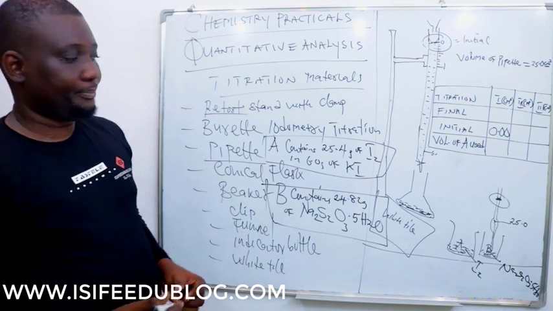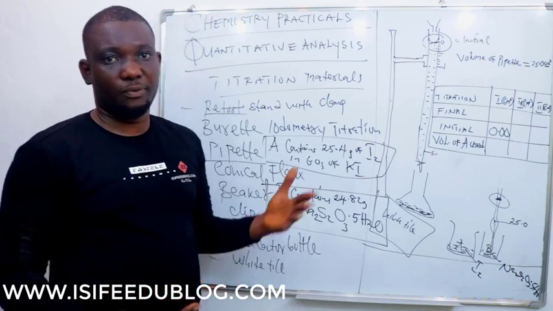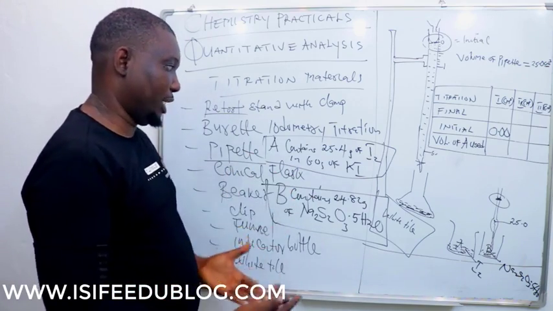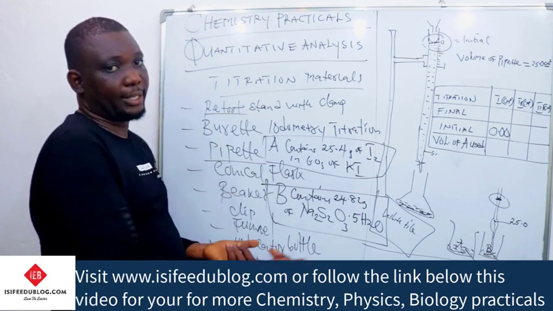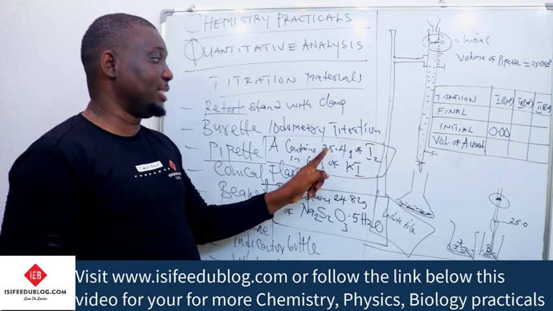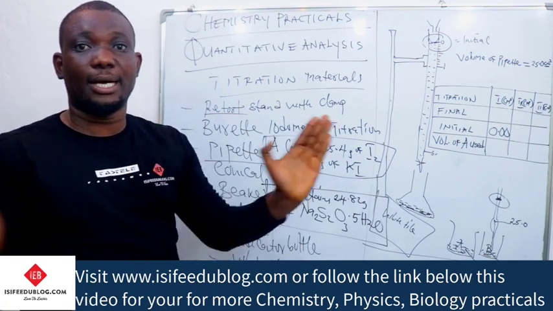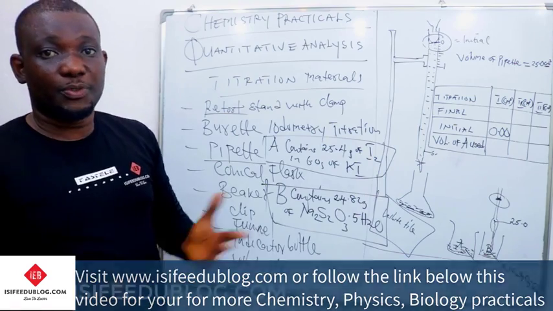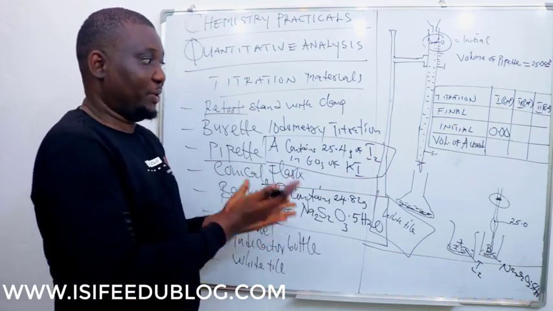The teacher is going to prepare it. In this video, we're not going to show how we make the standard solution, but I'm going to show you what we're going to do and how we prepare it. They say that this 25.4 gram of I2 must be prepared in 1000 cm cube, or 1 dm cube, of solution. So that means this 25.4 gram of iodine will be weighed.